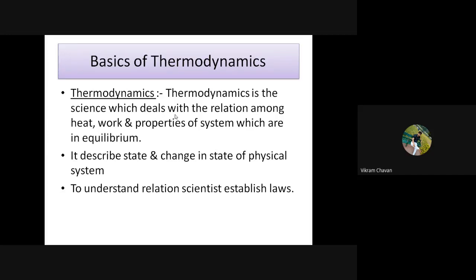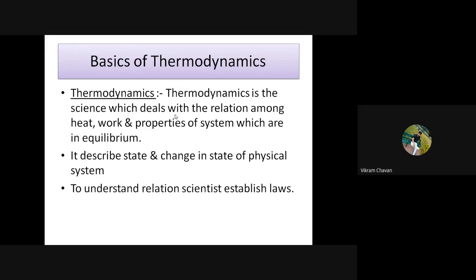If you check your thermodynamics syllabus, every time we try to understand the conversion of heat energy to work energy, or work energy to heat energy. Most of the examples are like that, and the numericals are also on that basis. If this much work is done on the system, how much energy will be released? Examples of that kind.